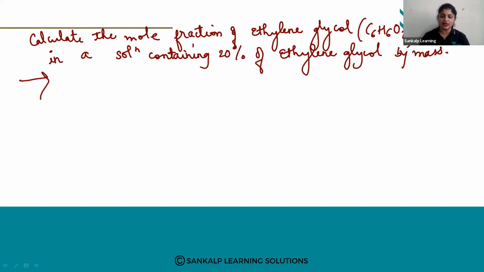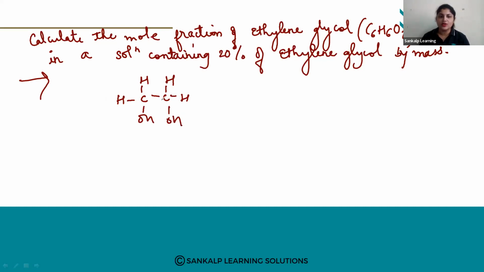They have asked you to calculate the mole fraction of ethylene glycol, that is C6H6O2. It will be like this: ethylene glycol means OH, OH. These are diols.